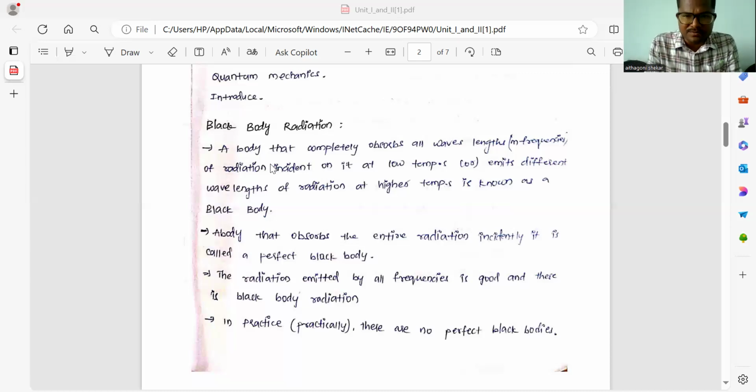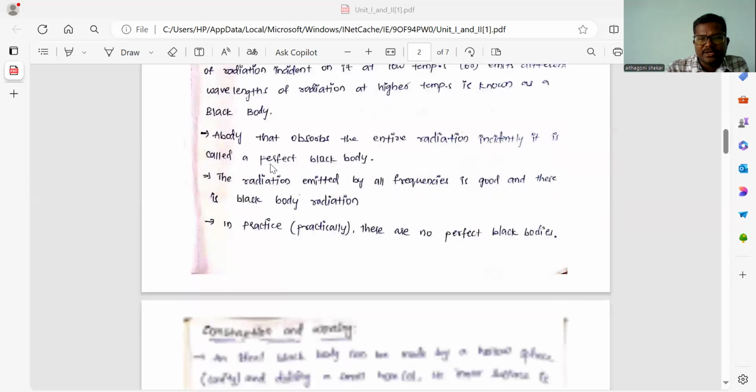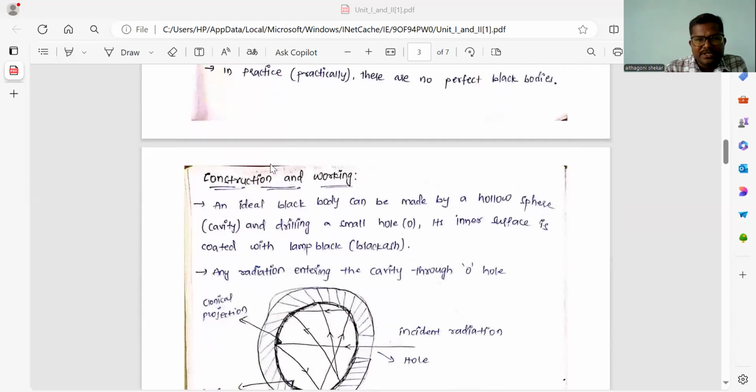A black body emits radiation at all frequencies, and this is black body radiation. In practice, we are already discussing this point.